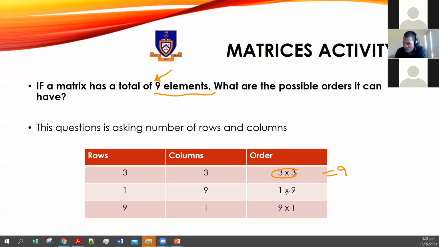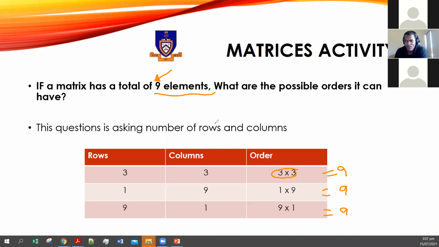Is it also not possible that 1 times 9 also equals 9? And is it also not possible to say that 9 times 1 also equals 9? So now you can see a pattern, all right? A pattern is appearing here. If we say our rows by our columns and we multiply those 2 numbers together, we actually get the number of elements in our matrix.